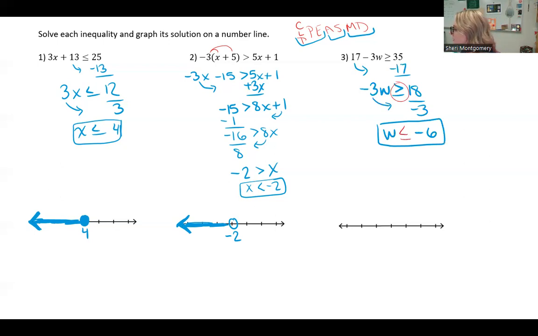I'm going to graph this on my paper or my screen, and I want you to try and graph it on your paper. So don't look up until you graph it and check yourself. See if you can graph this one correctly.